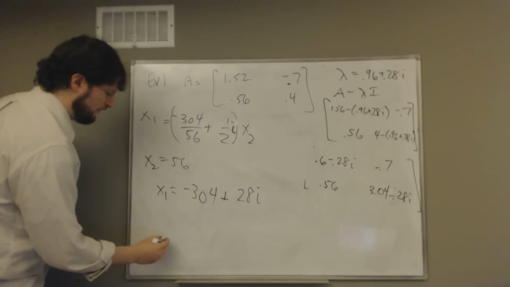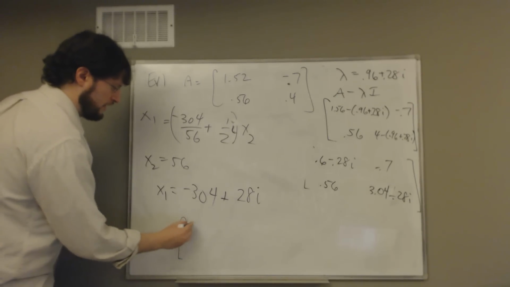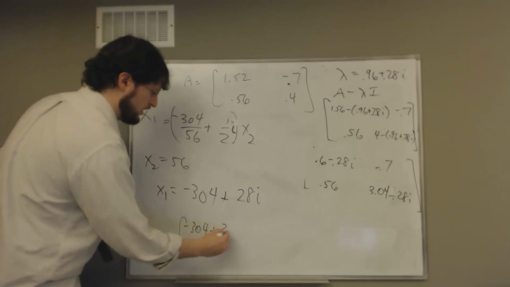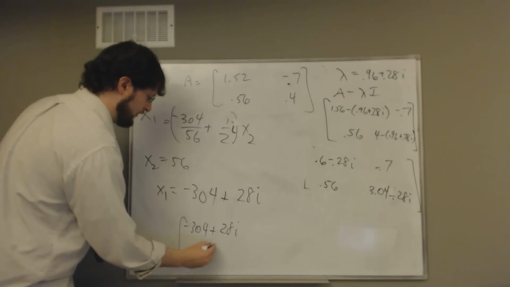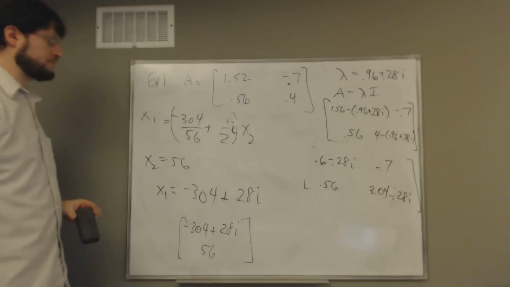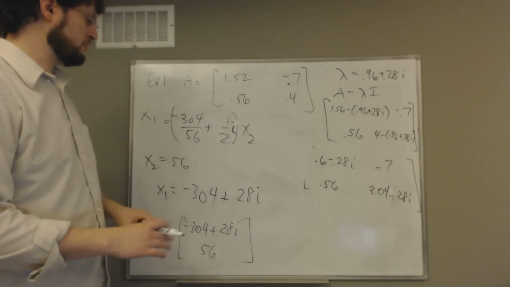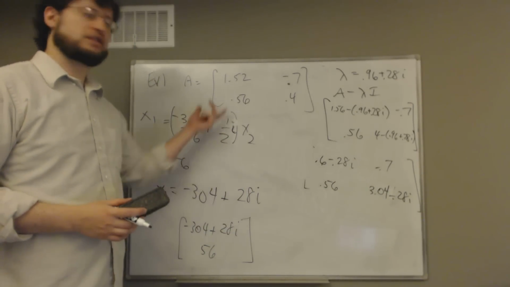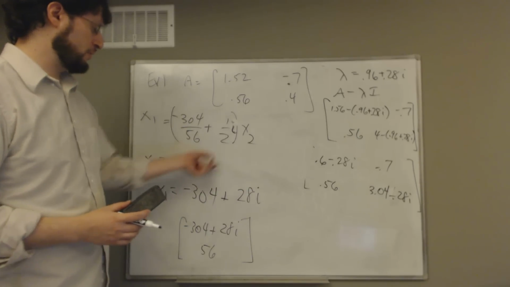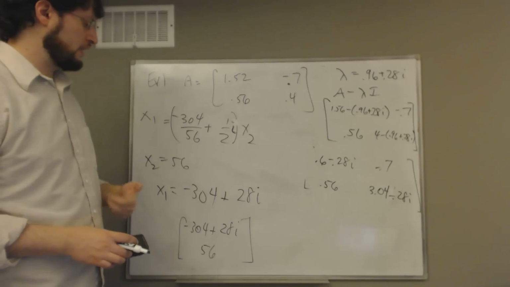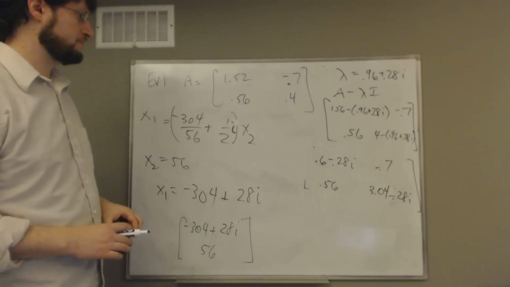So the eigenvector is negative 304 plus 28i, and then 56. And again, finding the eigenvector for the other one is similar. It just comes down to picking the right thing so that we don't have any decimals or fractions left over.